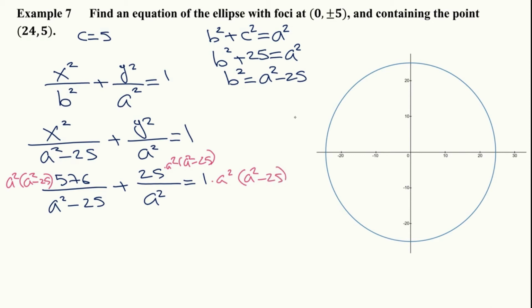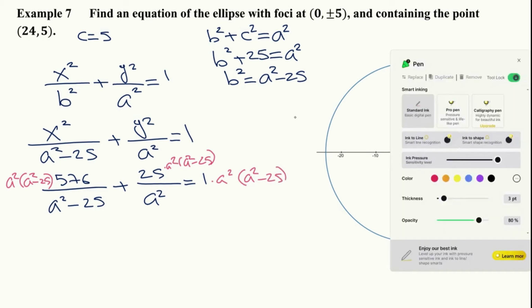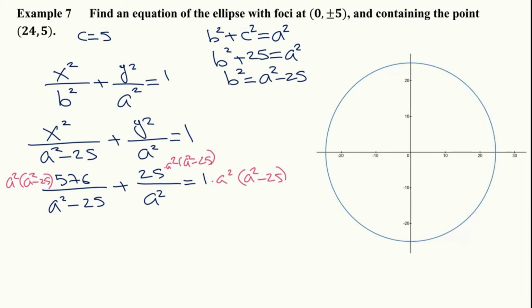So now we notice that we have some cancellation possible. Here we can cancel the a squared minus 25s. Here we can cancel the a squareds. And that should do it as far as cancellations.